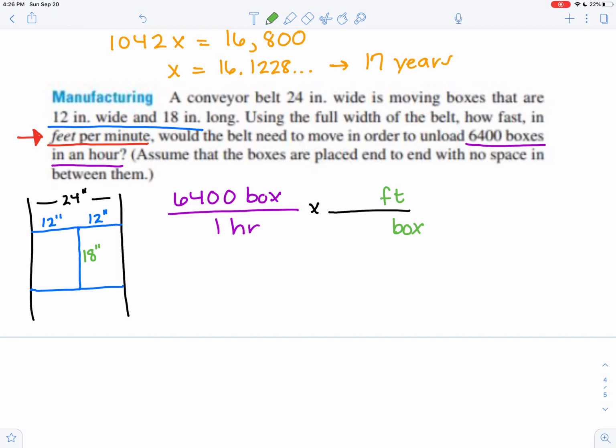Each box's length is 18 inches, which is the same thing as 1.5 feet. But every time the belt moves 1.5 feet, we don't have one box that comes off. We have two boxes that come off. So my rate here is going to be 1.5 feet for every two boxes that come off.